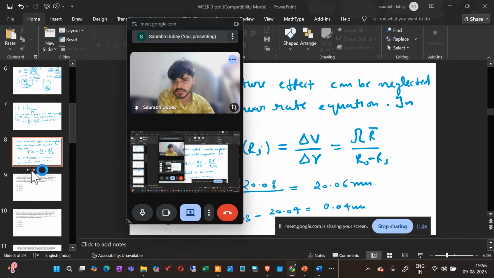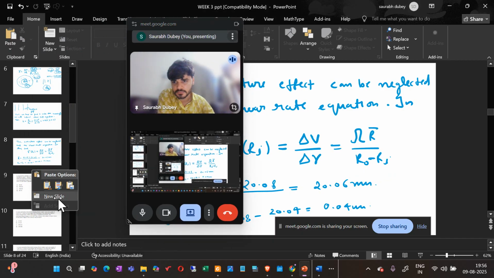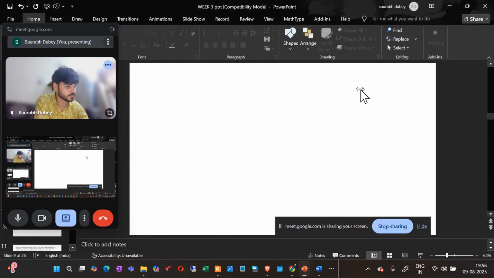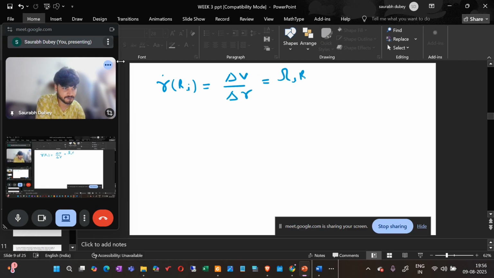So if you see this, let's keep it here. What you are going to get is gamma dot at Ri equals del V by del R, by R0 minus Ri. So all the steps I am solving so that it becomes easy for you to follow.